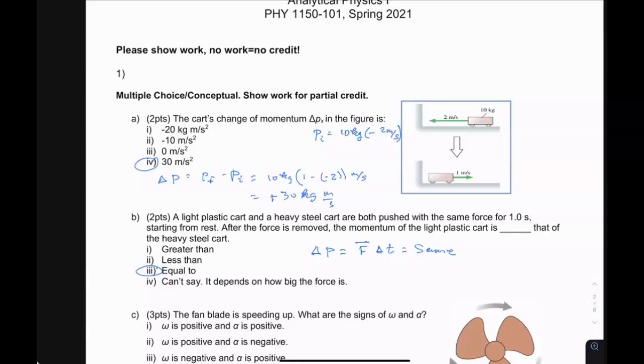And then later, its momentum, P final, is equal to the same mass, 10 kilograms, times plus 1 meter per second.